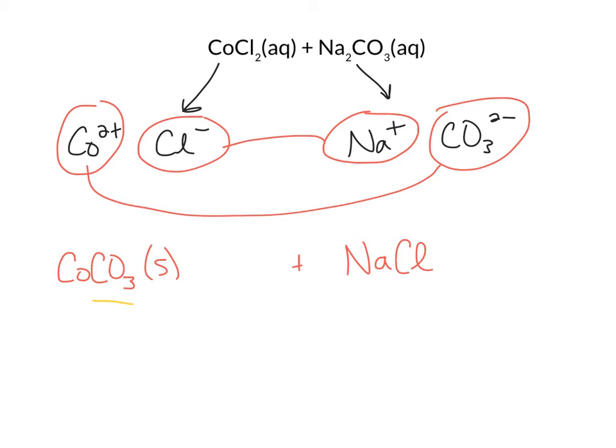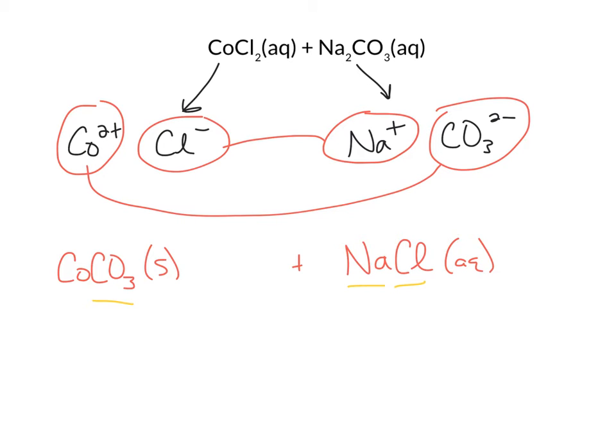And then sodium chloride, which we already looked at last time. Remember, sodium ion is always soluble, chloride is most often, and always with sodium. So that is a soluble compound, so it would be written as aqueous.